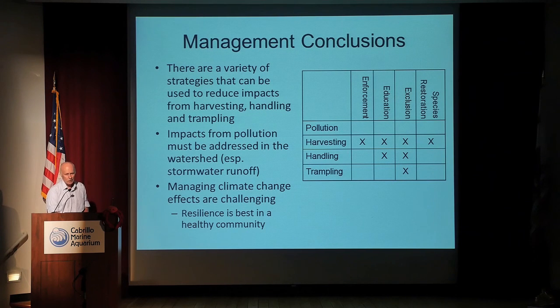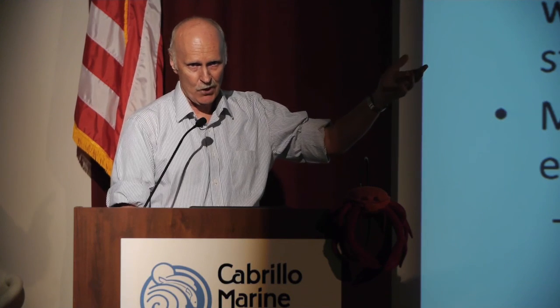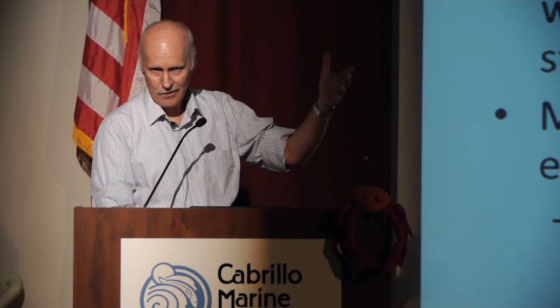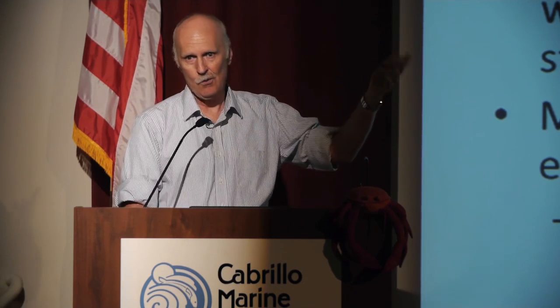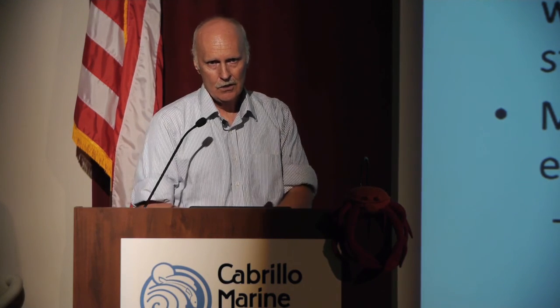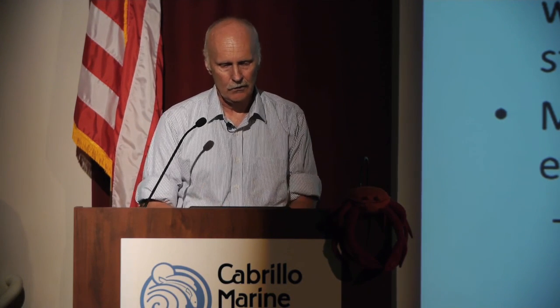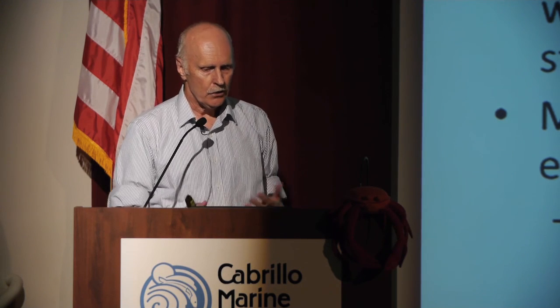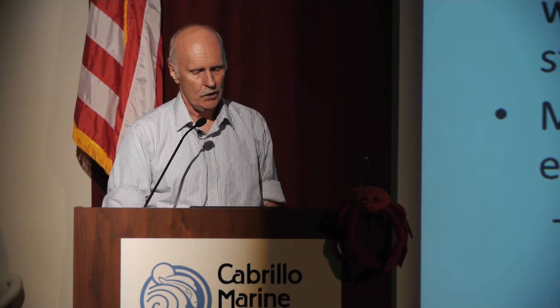So the pollution problem has to be tackled up in the watershed. Oftentimes we forget that what happens up in the watershed seems removed from the ocean, but the pollutants in the stormwater or urban runoff are running down into the ocean and having impacts on the organisms that live on the coast. So we need to address those sorts of things up in the watershed.